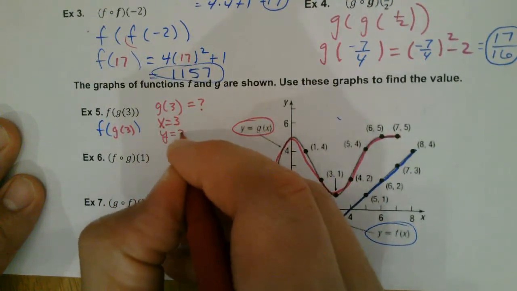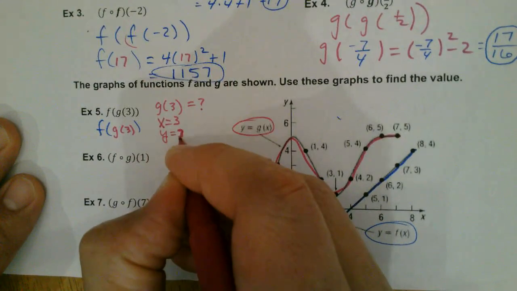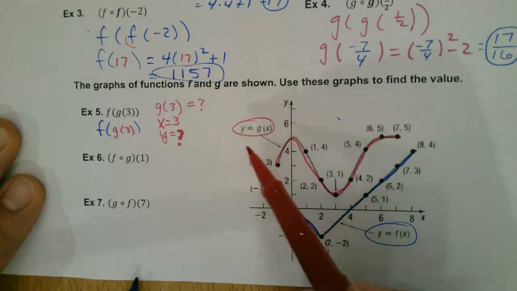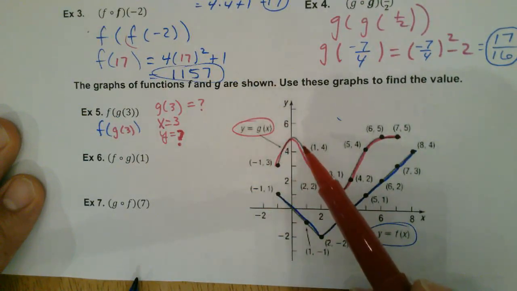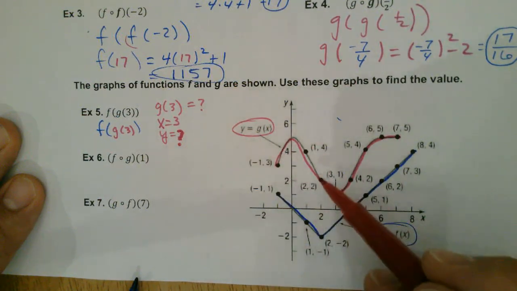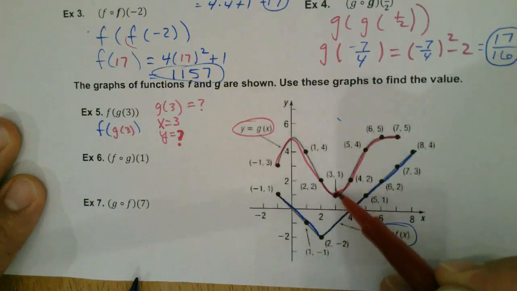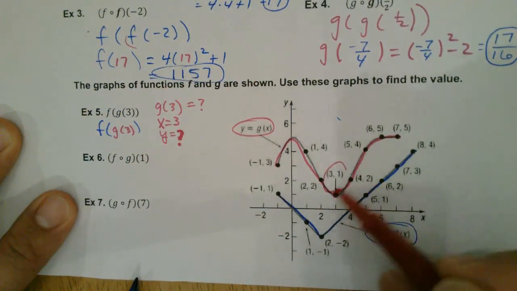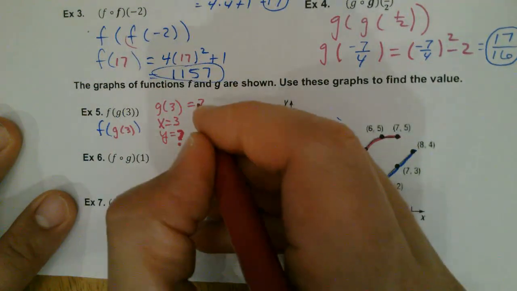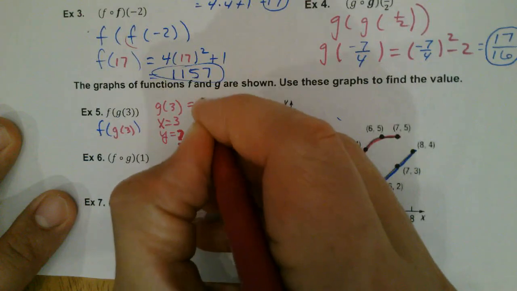What's the y value? So this is where we go to our g function and figure out what the y value is. When x is 3, we find out where that treasure chest is. There it is, right there. We get 3 comma 1. So g of 3 is 1.